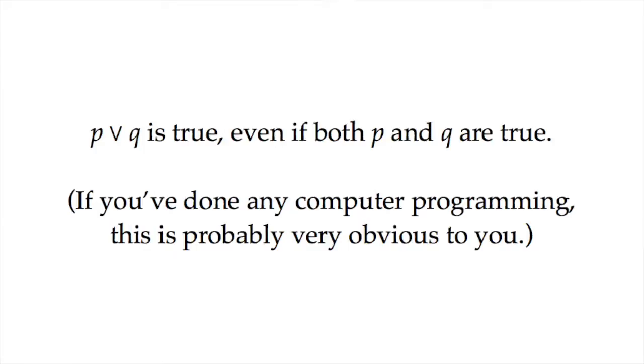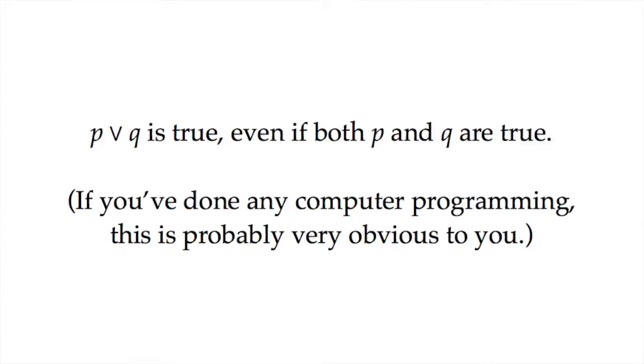Now, if you've done any computer programming, this is probably very, very obvious to you. But sometimes students who have not done any computer programming before or have not done any logic before, sometimes at first they think this is a little bit weird. But it's true. And you can tell by thinking about the story I just told you about the detective.